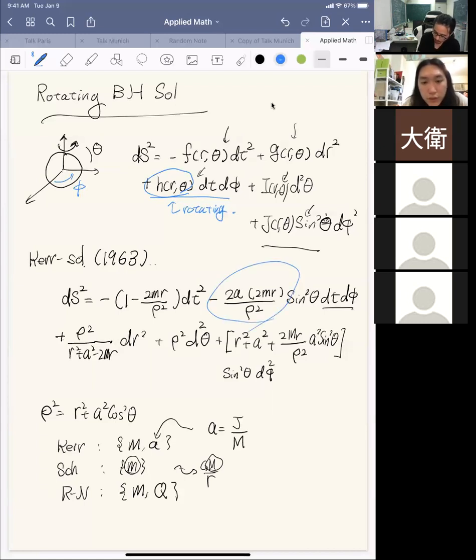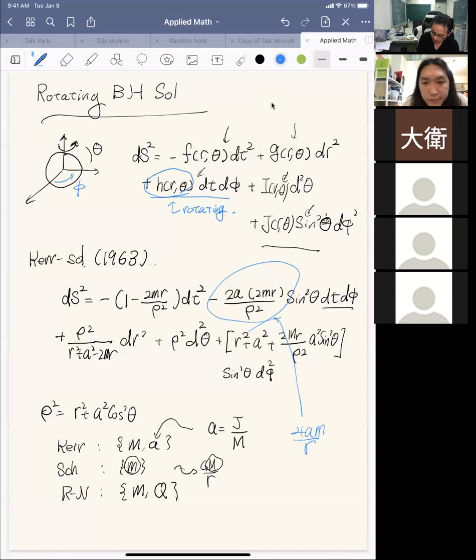And so there will be a homework where I will guide you. Basically the point is to identify why this a here is actually related to the angular momentum. So of course at asymptotic infinity, this piece behaves as just basically r over 4aM.